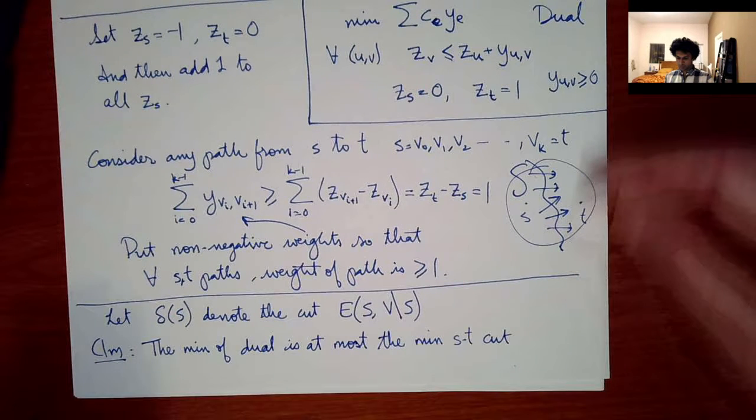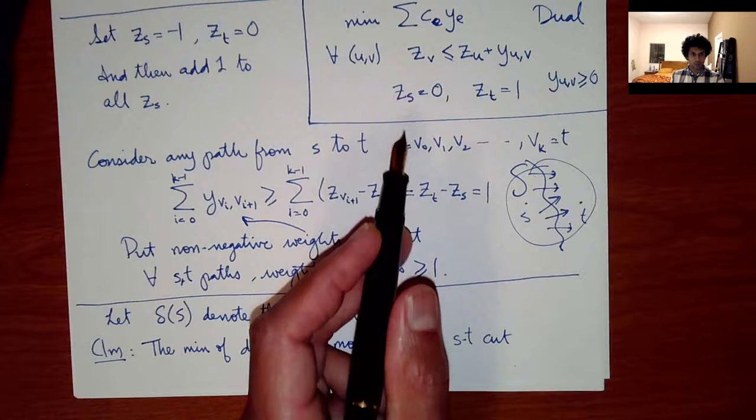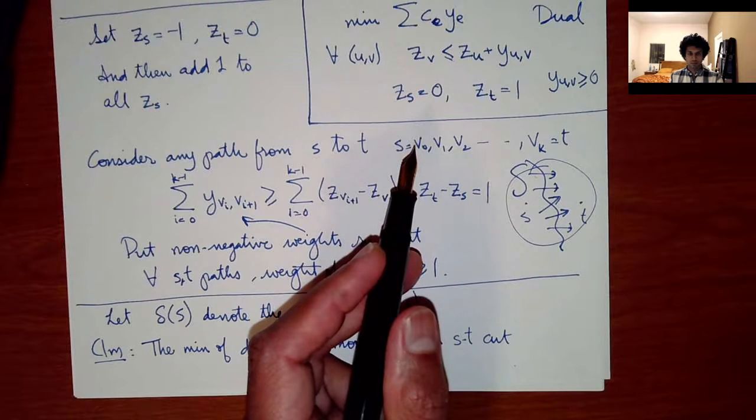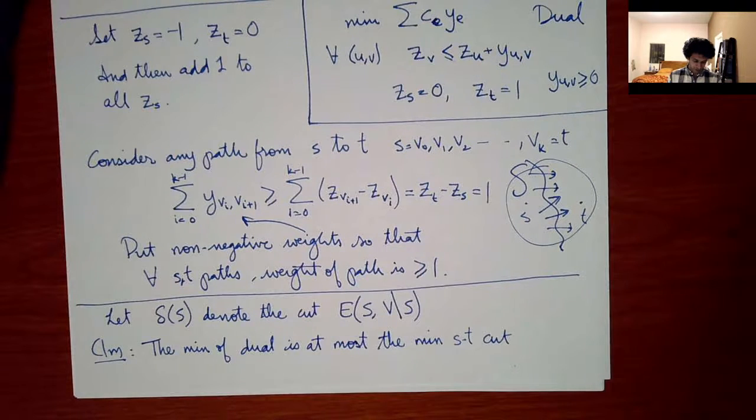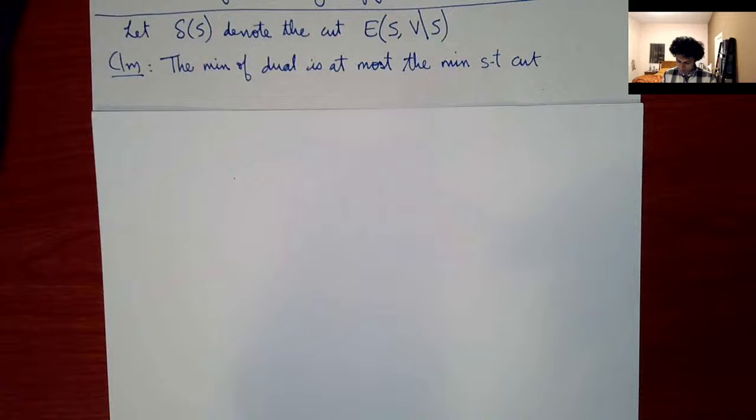Why? Because I just need to show you that whenever there is a cut, I'll get a dual feasible point. For every cut, I'm going to get a dual feasible point. And the proof of that is relatively straightforward.